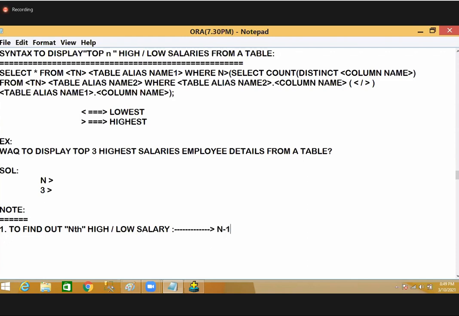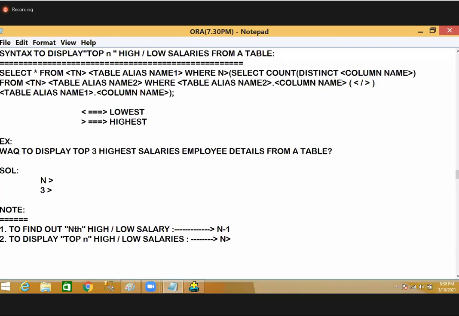N minus 1. Second, to display top n highest or lowest salaries, what is my formula? My formula is n greater than. So these are the two formulas you just remember, guys.